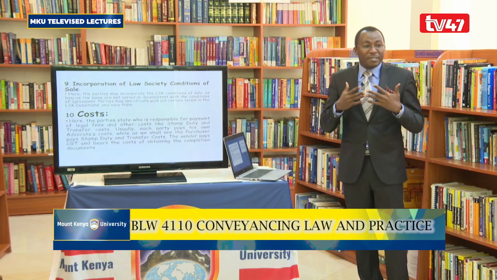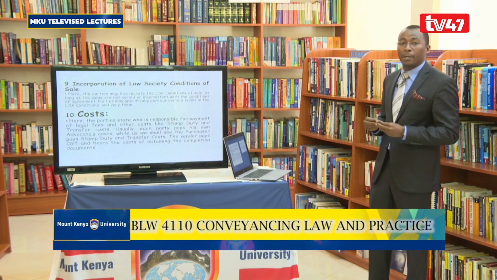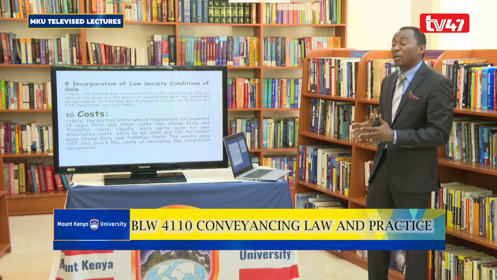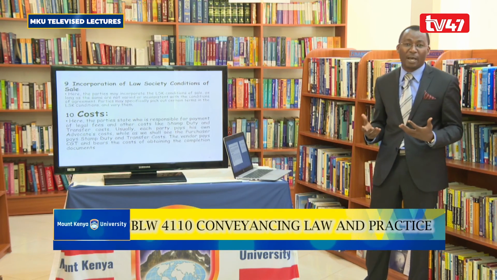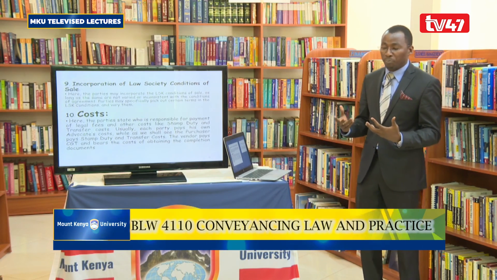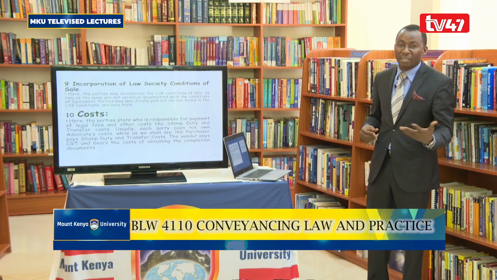The seller or the vendor, on the other hand, will typically bear the cost of producing or obtaining the completion documents. Some of these completion documents will obviously come at a cost. For example, when you talk about the consent of the Land Control Board, there are certain monies that have to be paid.